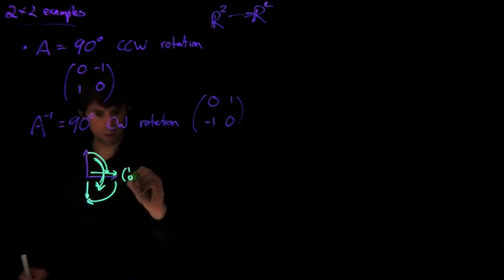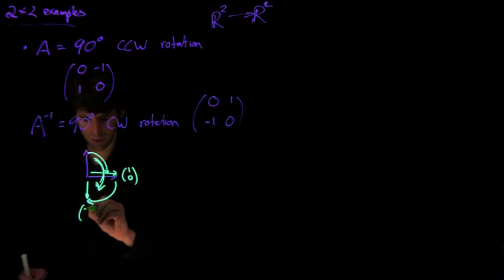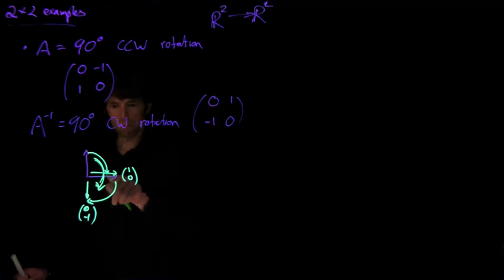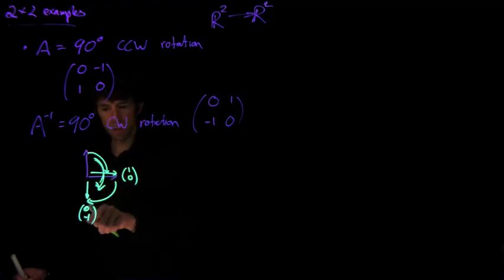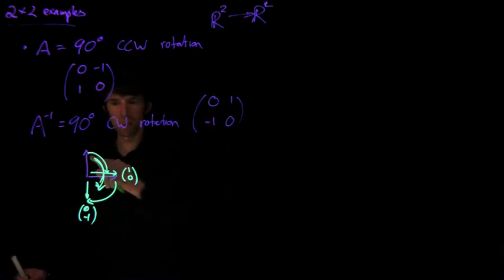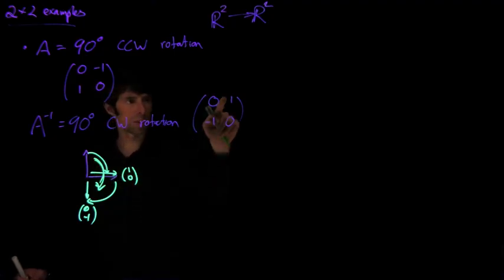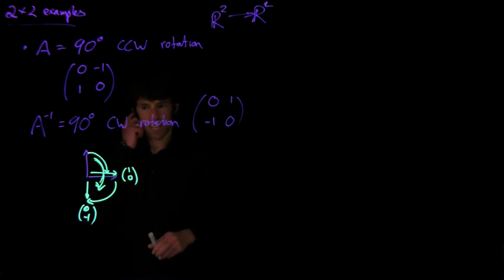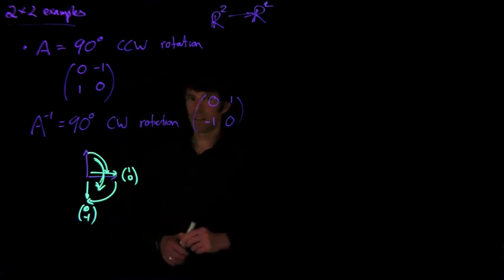So that's 1, 0, and that's 0, minus 1. So the first vector, the standard basis vector along the x-axis, goes to 0, minus 1. That's the first column. And the second one goes to 1, 0. That's the second column. OK, so that's the inverse transformation.